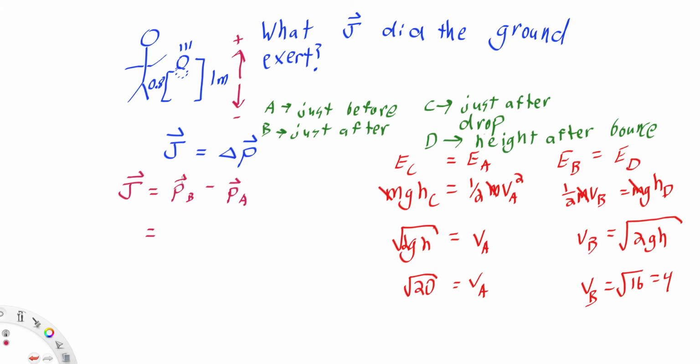So the momentum at B is the velocity at B times the mass. So we have m times 4 minus, and again the momentum at A is negative, so negative m square root of 20. Negative signs cancel. Factor out the m, and we get 4 plus square root of 20.